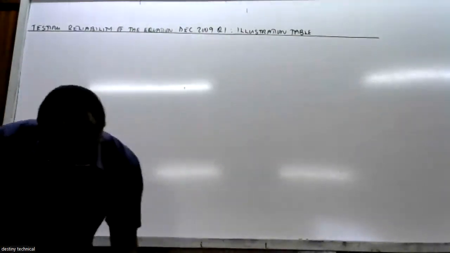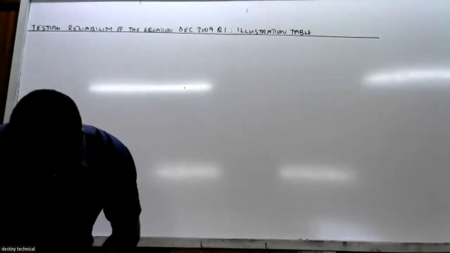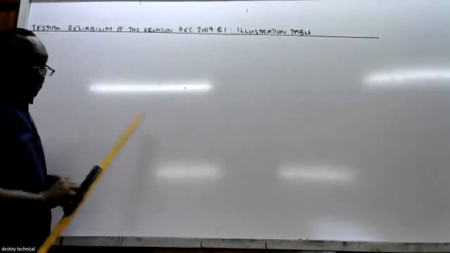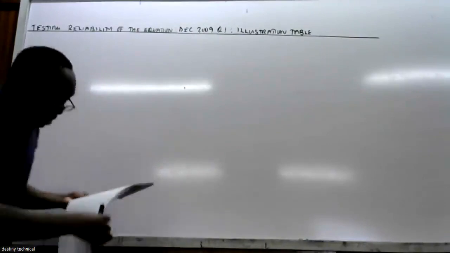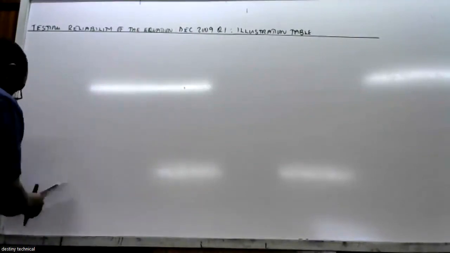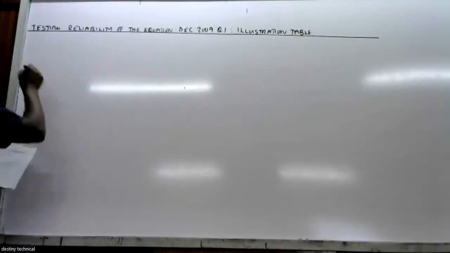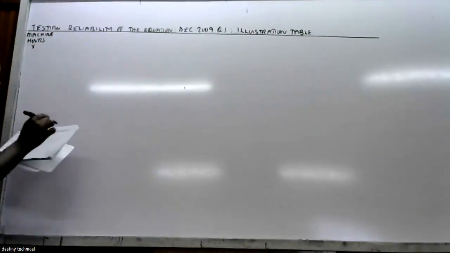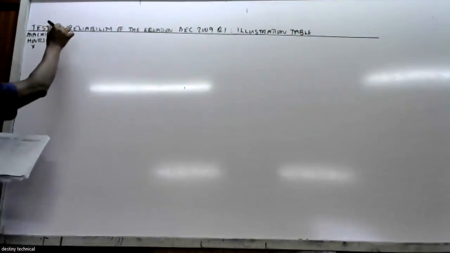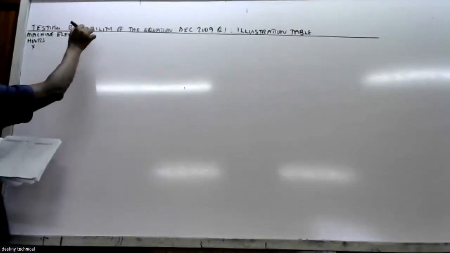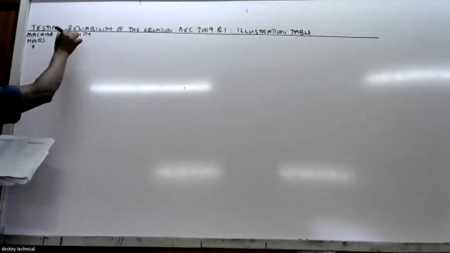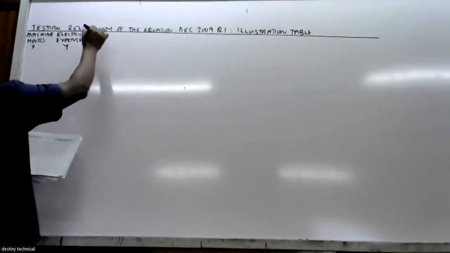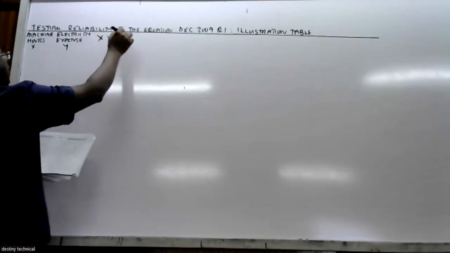Okay, so I've said we are doing 11 columns. So these columns will be: we have machine hours, which is our X. We have electricity expense, which is our Y. We have XY.